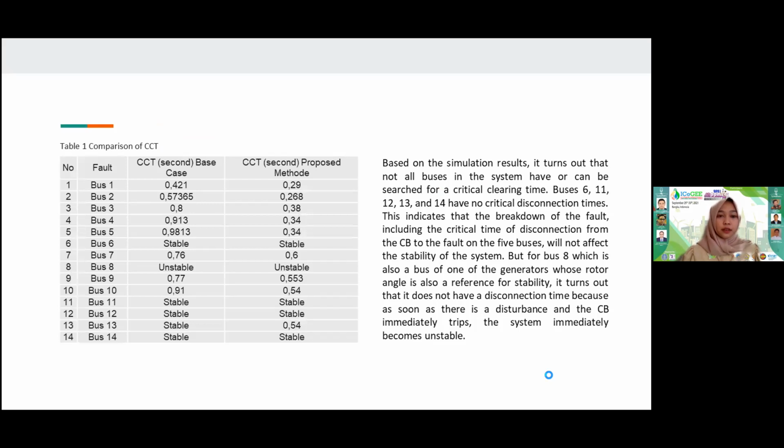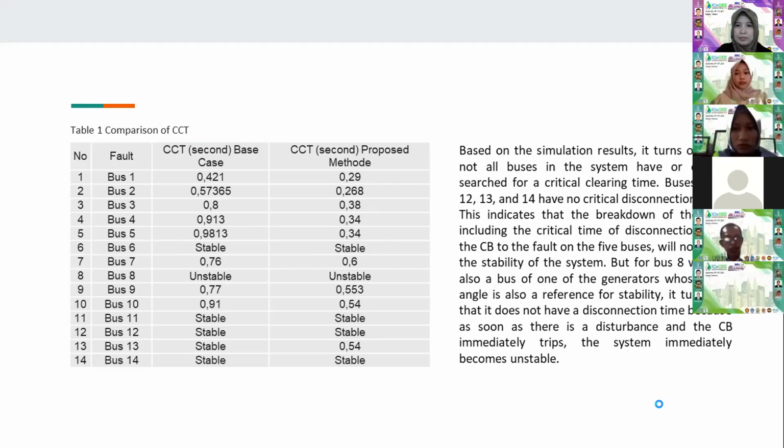Next, table 1, comparison of CCT before and after rescheduling. Based on the simulation result, it turned out that not all buses in the system have a critical clearing time that can be searched. Buses 6, 11, 12, 13, and 14 have no critical disconnection time. This indicates that the fault does not involve a critical disconnection time for the CB.